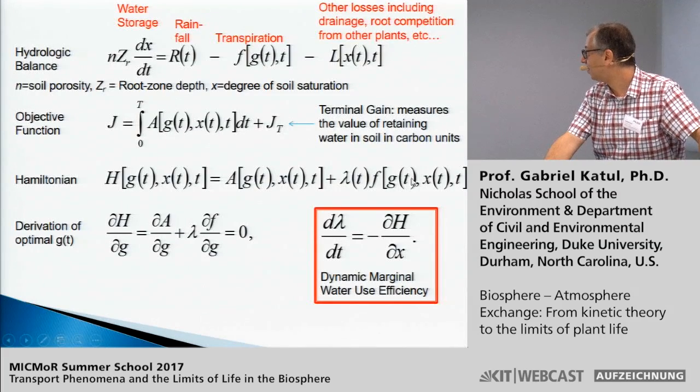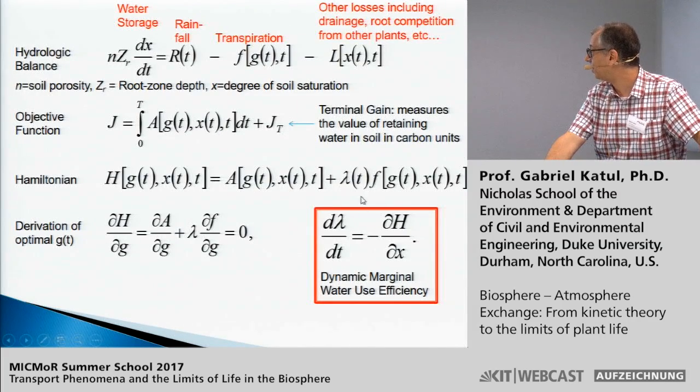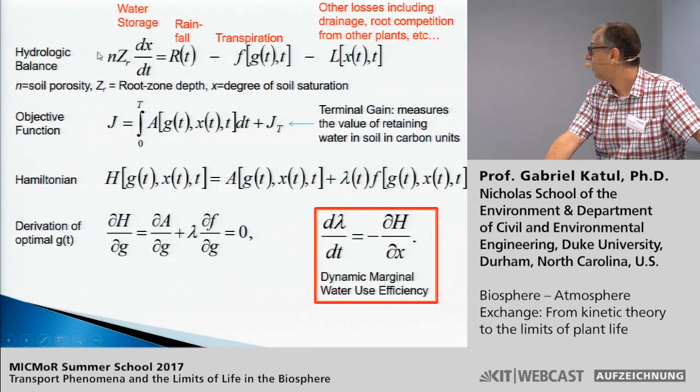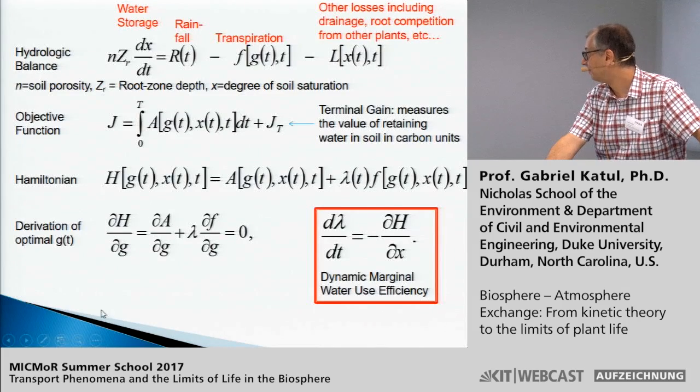The Hamiltonian still follows the same thing, but now the marginal water use efficiency, or the Lagrange multiplier, has to vary on timescales. But again, these timescales are going to vary a little bit longer than the stomatal variations. And notice that this hydrologic balance actually is written on daily timescales and longer. Okay?